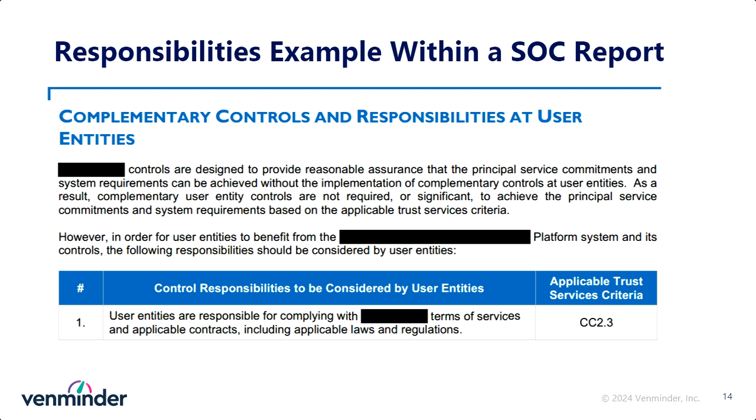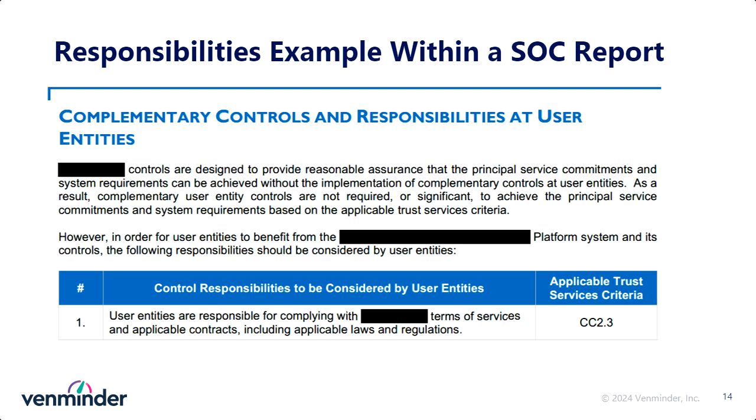So I put this example in because ultimately this is probably the best example I have found of the difference between complementary user entity controls and user control responsibilities. If you look at the first paragraph, it talks about how these controls are designed to provide reasonable assurance that the principal service commitments and system requirements can be achieved without the implementation of complementary controls at user entities.